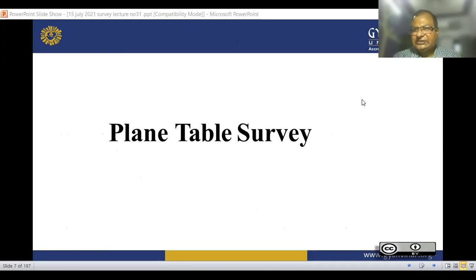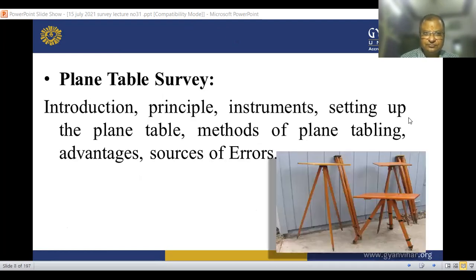So we will discuss the plane table survey. Actually, this is the plane table survey board. The topics are introduction, principle, instruments, setting up the plane table, methods of plane table, advantages and sources of error.